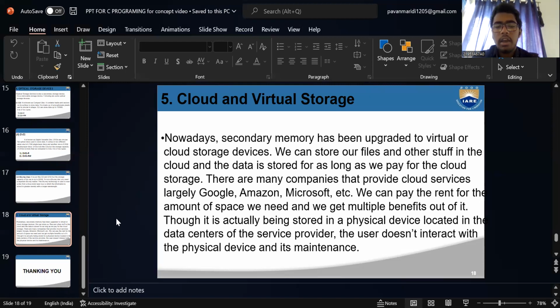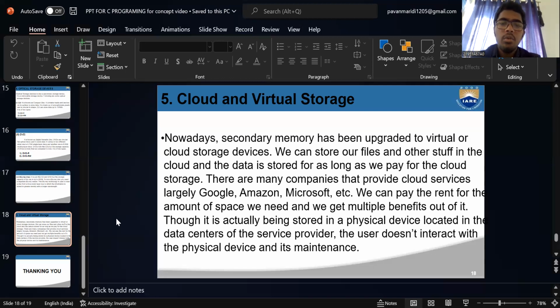So it is actually being stored in a physical device located in the data centers of the service provider. The user doesn't interact with the physical device and its maintenance.